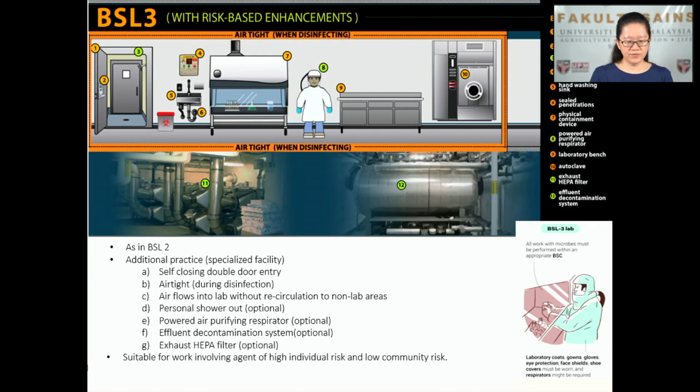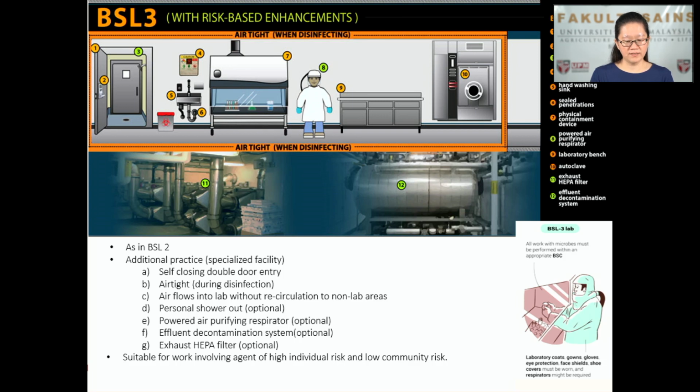A BSL-3 has all the facilities as in BSL-2, however with additional practices where specialized facilities have to be included. A self-closing double door entry is required. The lab must be airtight during disinfection, and also specific airflow, where the airflow goes into the lab without recirculation to non-lab areas, is required.